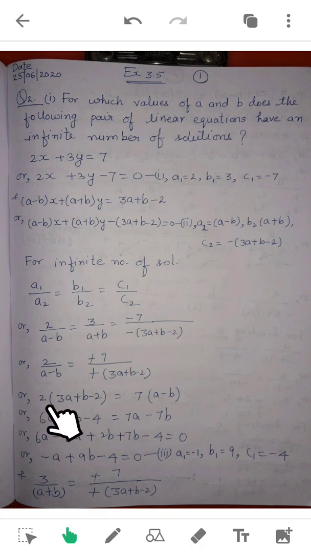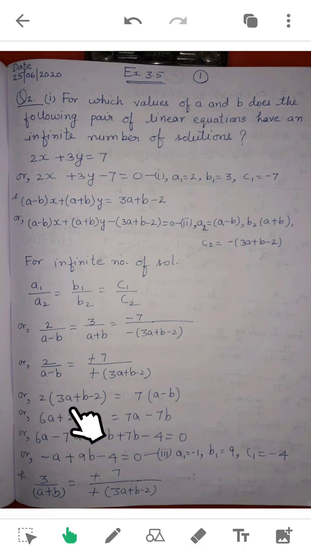Here it is 2 multiplied by 3a plus b minus 2. And this a minus b, which is on the left hand side in the denominator, when we take it to the right hand side, the whole term will get multiplied by 7, is equal to 7 times (a minus b). Now we'll further solve it. We'll open the bracket: 2 multiplied by 3 is 6a. Then 2 multiplied by b is 2b.